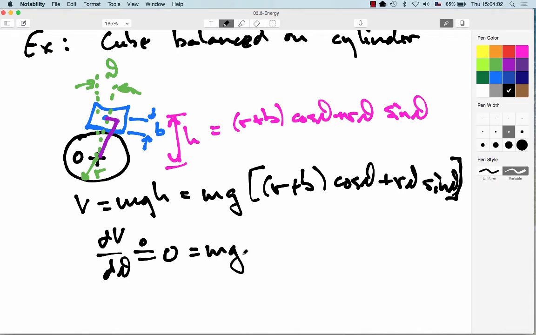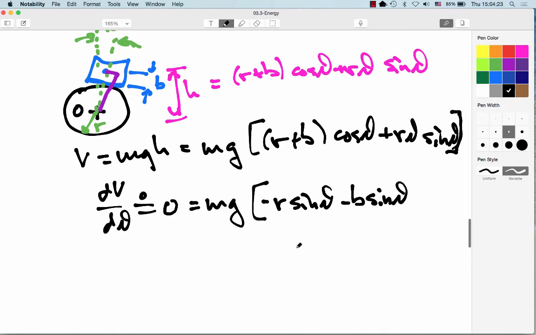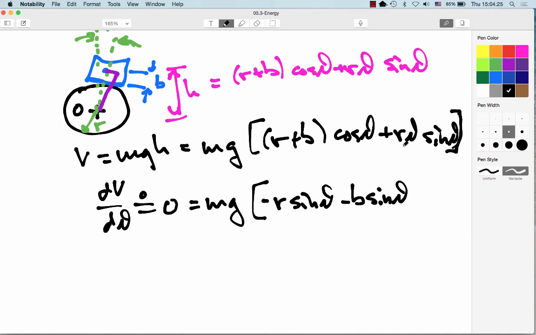So again, mg. All right, let's go ahead and differentiate this through. So derivative of cosine is minus the sine. So I'll get a minus r sine theta minus b sine theta. Bear with me while I write that in 2 terms. This one here is going to give me 2 more terms.